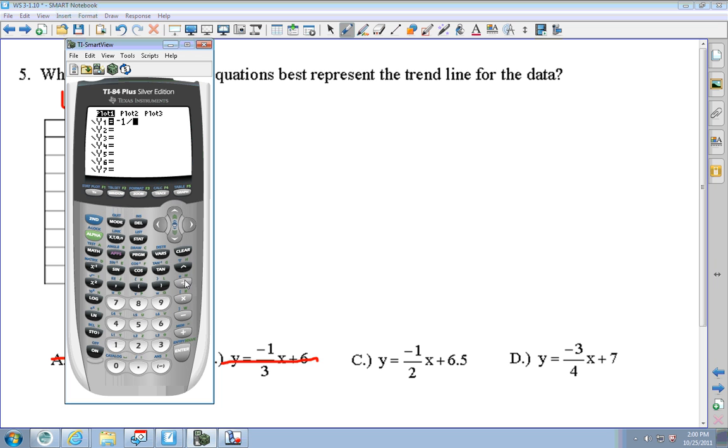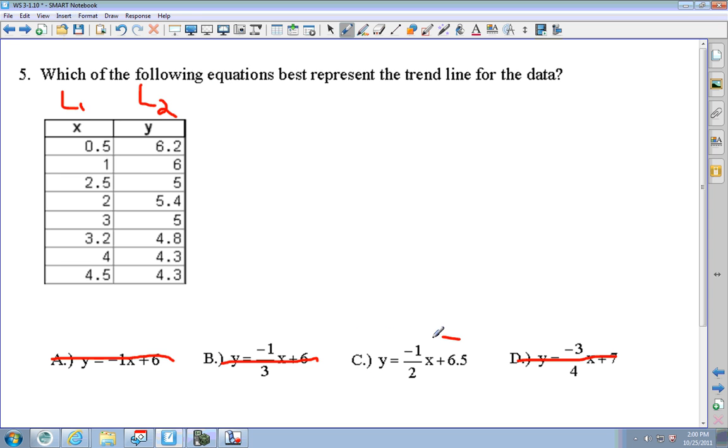Negative 1/2 x plus 6.5. Ooh, that one looks pretty good. Okay, well, let's not eliminate that. Let's try the next one. Negative 3/4. Press graph. Nope. C is my winner.